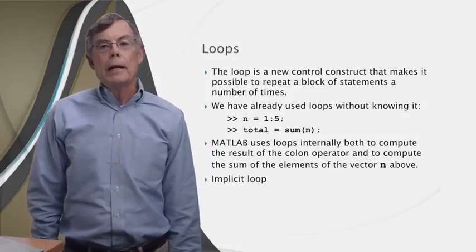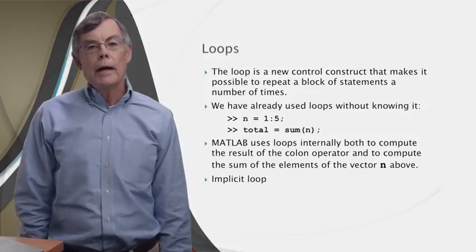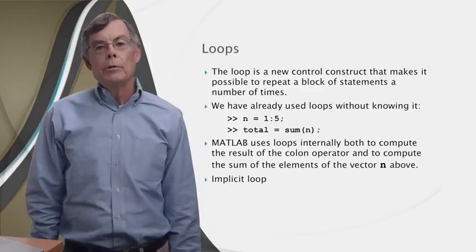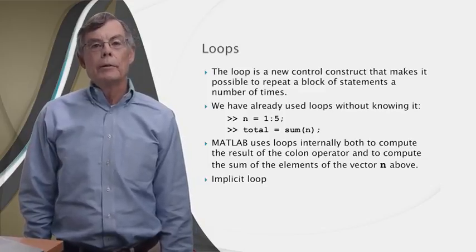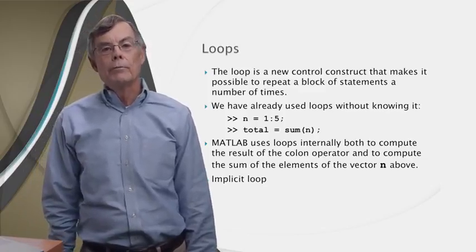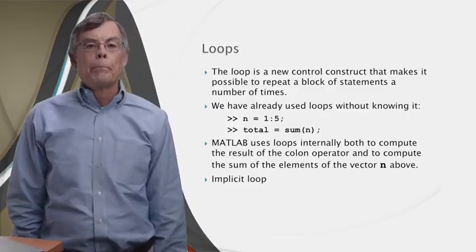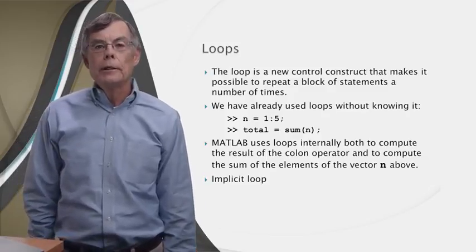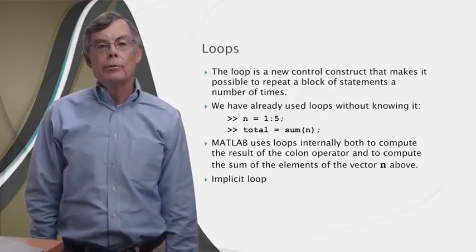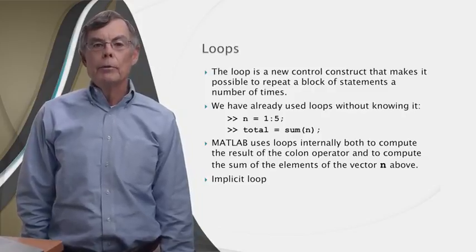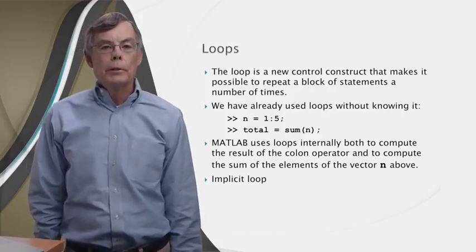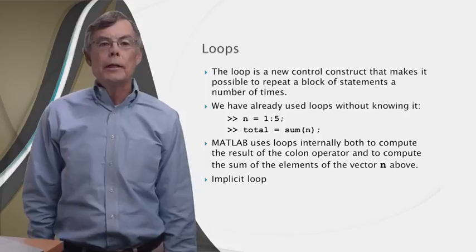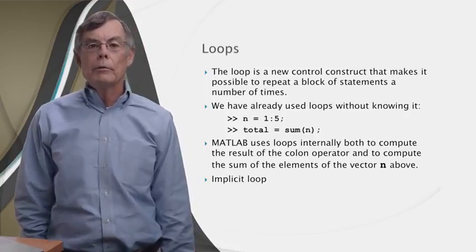To carry out the command n = 1:5, for example, MATLAB uses a loop internally to create the vector 1, 2, 3, 4, 5. And to carry out the command total = sum(n), it uses a loop to add all those 5 numbers. These are implicit loops because we didn't use any explicit loop control constructs.